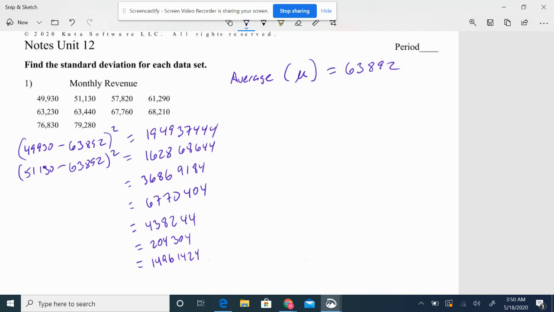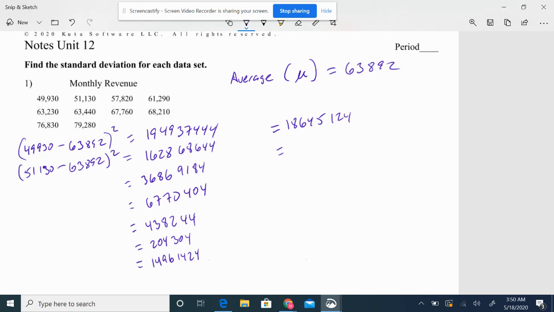Let me do it again now with the 68,210. For space purposes, I'm going to write it up here. So 68,210 minus the average gives me 4,318. Let me square the answer. So I get 18645124.